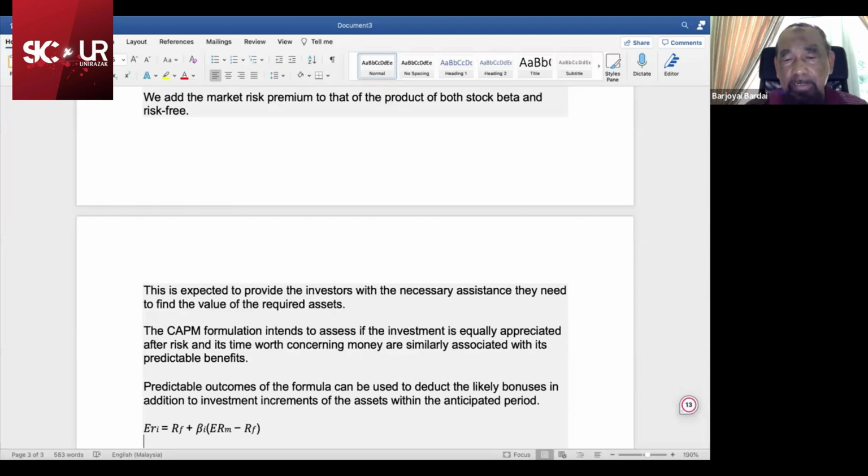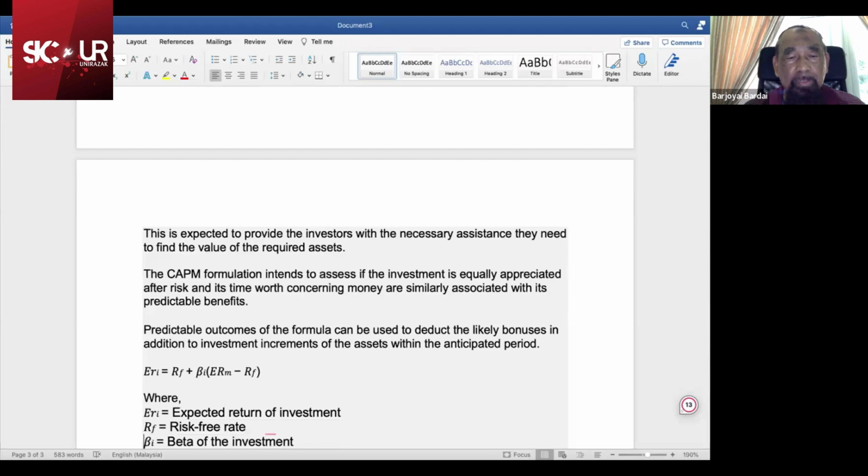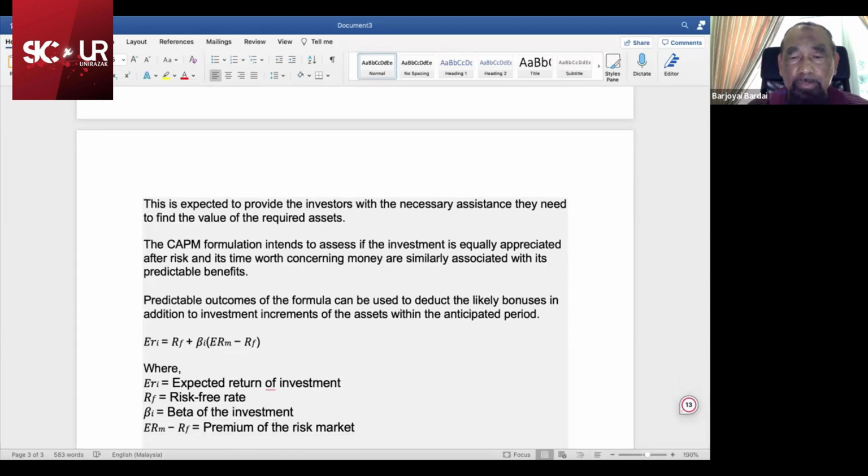So the capital asset pricing model intends to assess if the investment is appreciated after risk and the time value of money associated with this predicted benefit. The predictable outcome of the formula can be used to deduce the likely bonuses in addition to the investment increment to the asset.